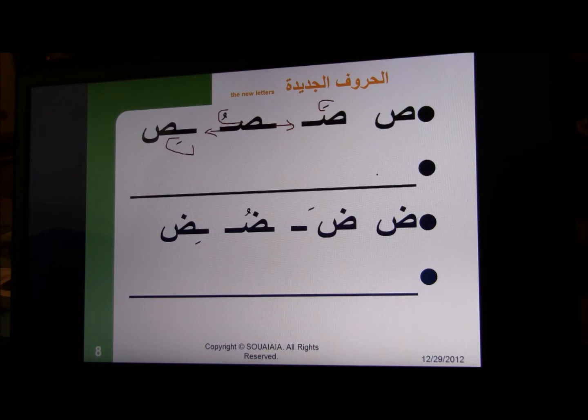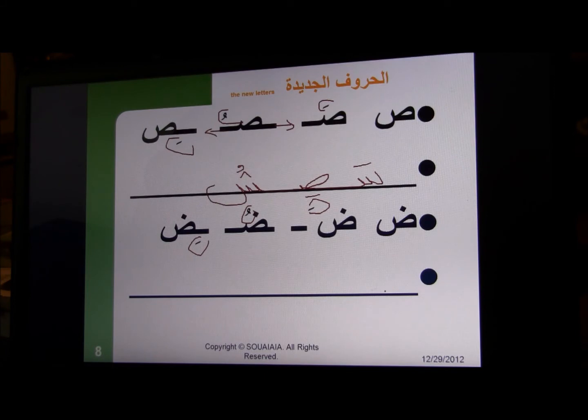So let's say, coming from the sin, back for the sod, and you put that dent in there, then put the sheen, the sh sound, at the end. So se, si, shu. The same thing with this, so da, du, di.